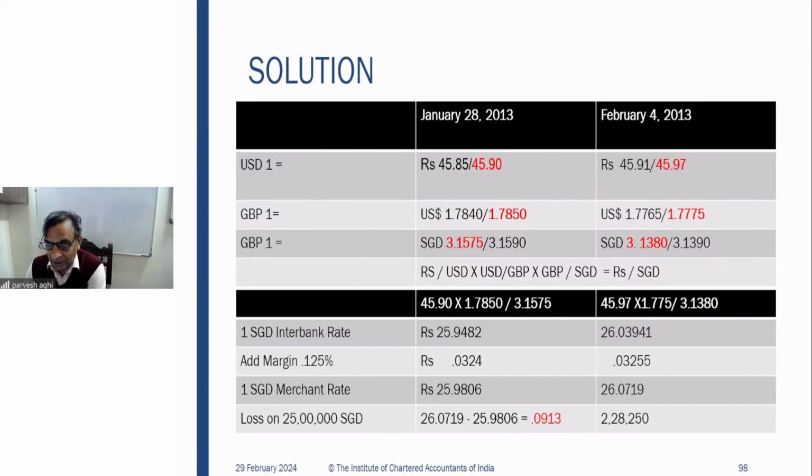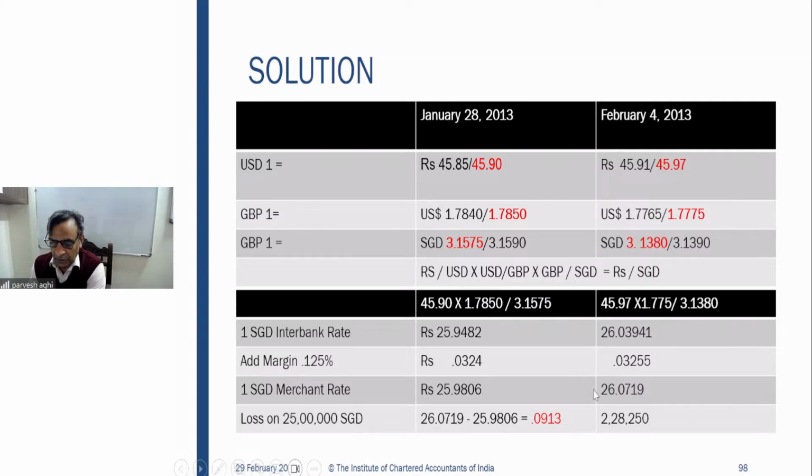But now, mind you, these are the interbank rates, so we need to add margin. So since these are ask rates, we are going to add 0.125% margin. So the merchant rate will become 25.9806 and 26.0719. So these are the rates.